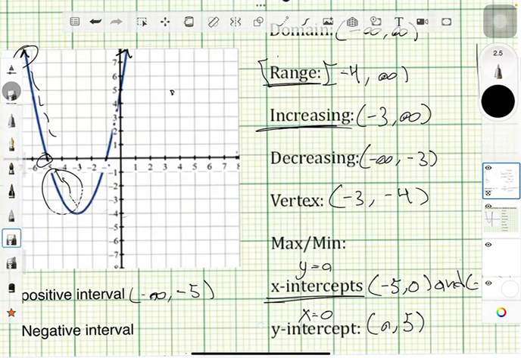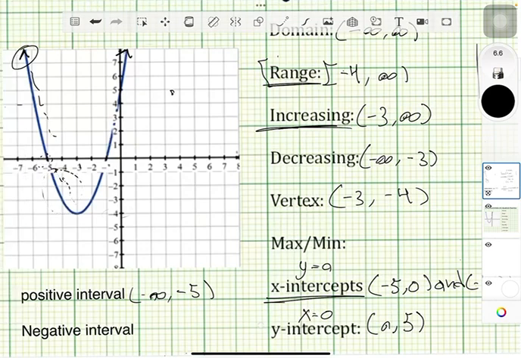Now for the second positive interval, let me just erase this. For the second positive interval, it will be the same but for the other point on the right. As you can see, the other point starts from the -1, and we will go up until we reach the infinite sign.